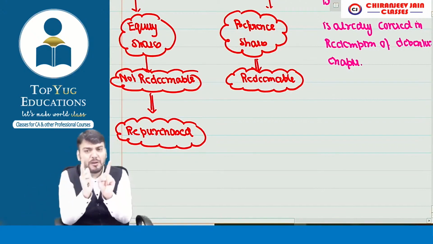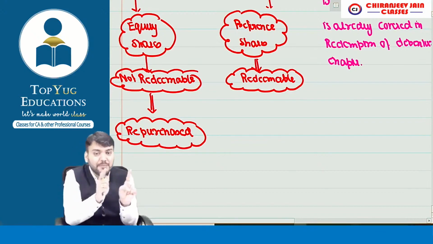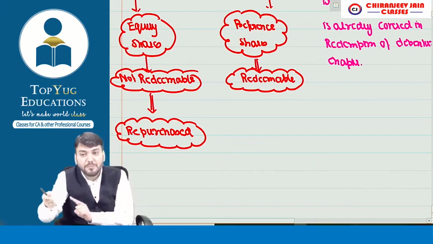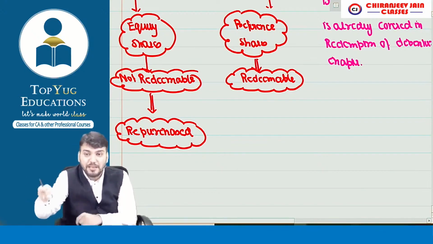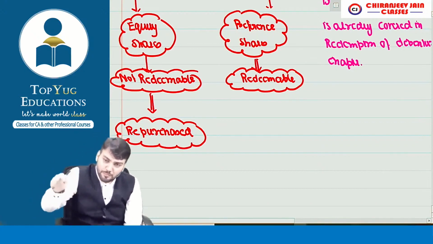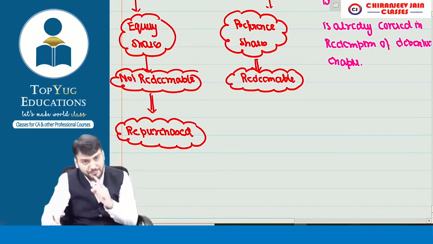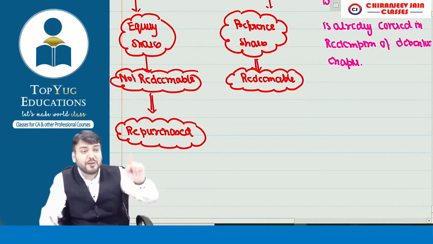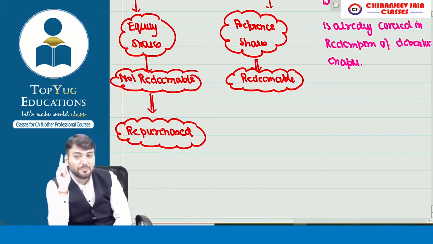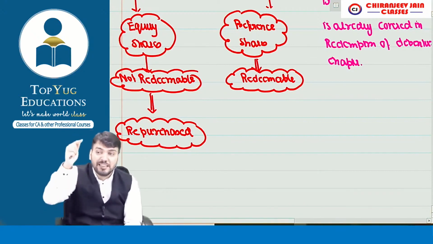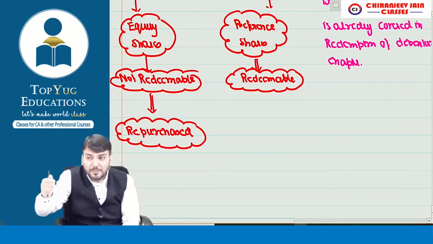But can I say the common point between redemption and repurchase is what? Repayment of capital. Means in both we are doing repayment of capital. Already we have done the journal entry for redemption of preference shares. When I have done redemption of preferences, we said that because there is a repayment of capital, there is a reduction of capital.